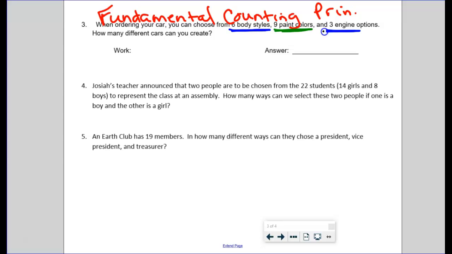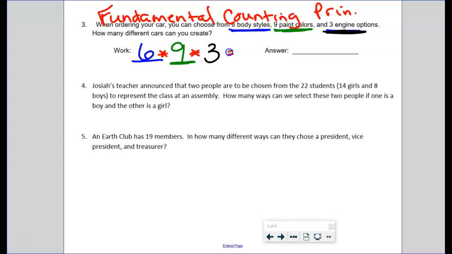Our first decision is body style, and you have 6 different options. Our next decision, you have 9 different paint colors. And our final decision is you have 3 different options for engines. The way you work the fundamental counting principle is you just multiply them all together.